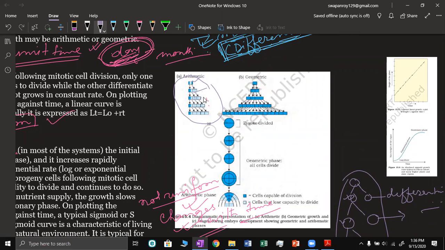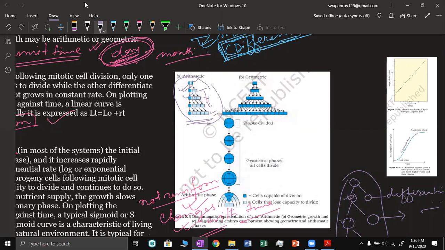So at every generation, only one cell is increasing. So this is the arithmetic type of growth. And these things happen usually at the root and shoot apices.